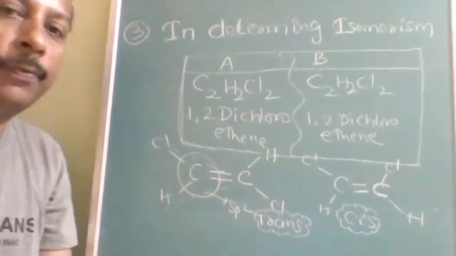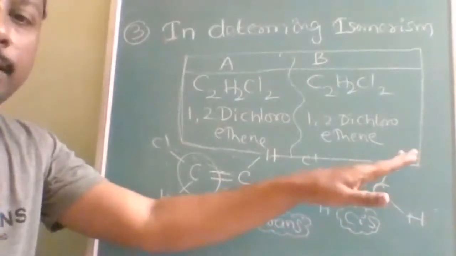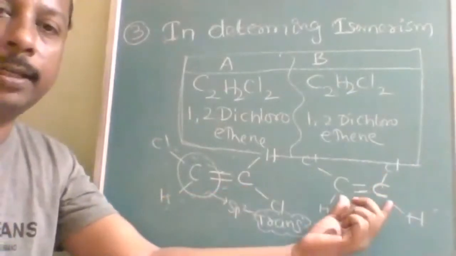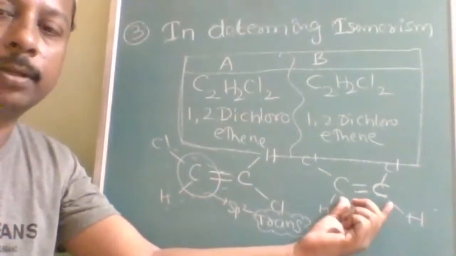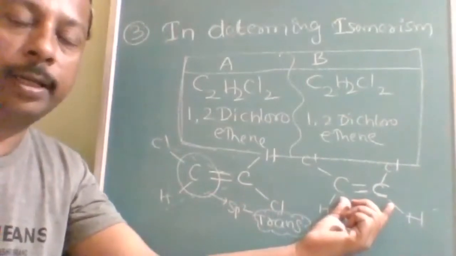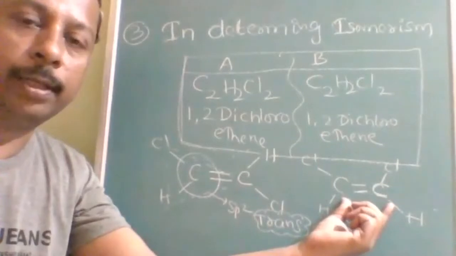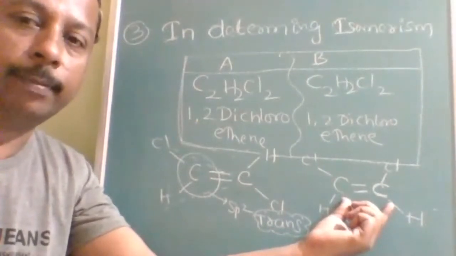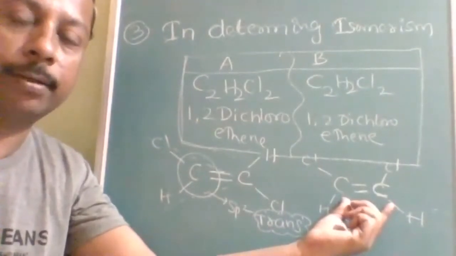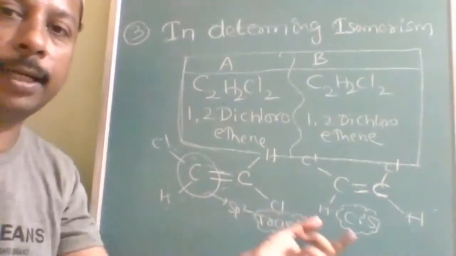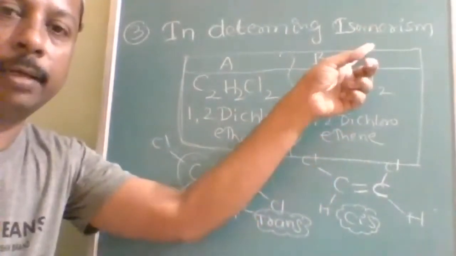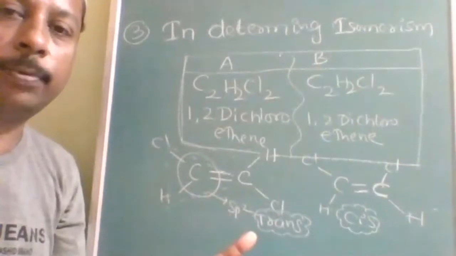So here you can find that both chlorines are on the same side. This will have a higher melting or boiling point, because of the more polarity, more charge accumulation and more attraction, so more melting and boiling point. So cis and trans are part of geometrical isomerism with the dipole moment.